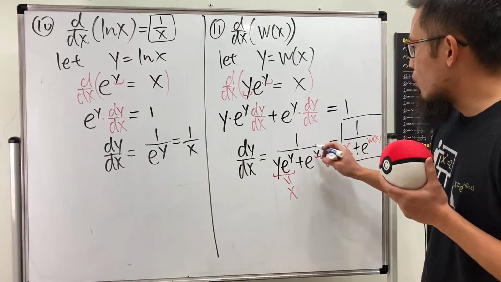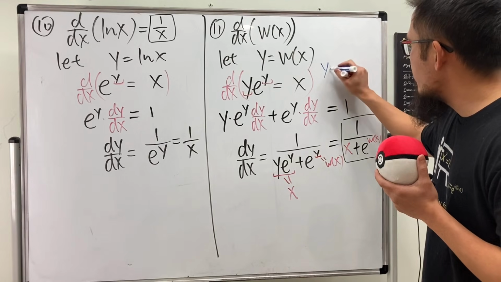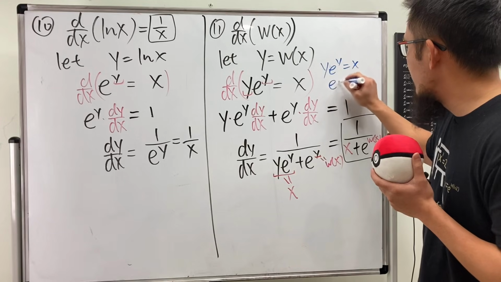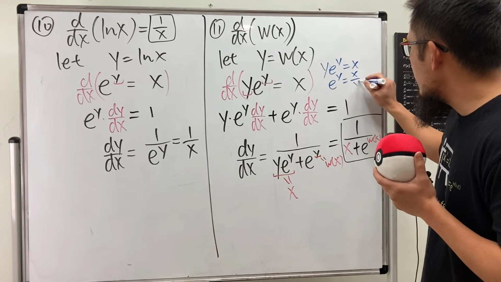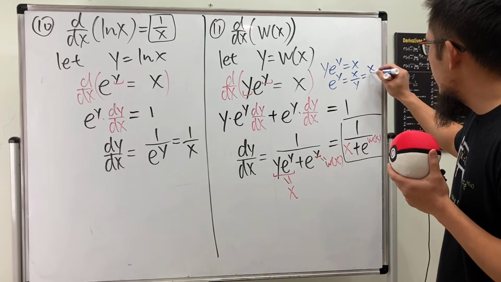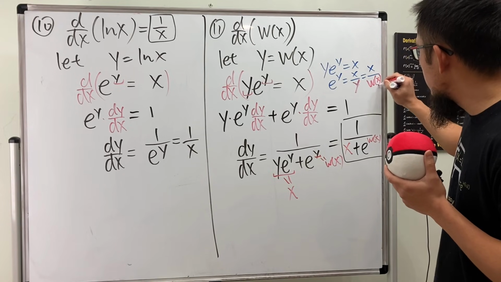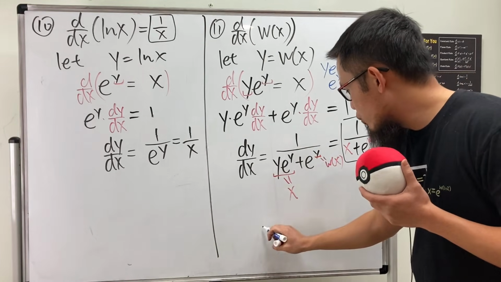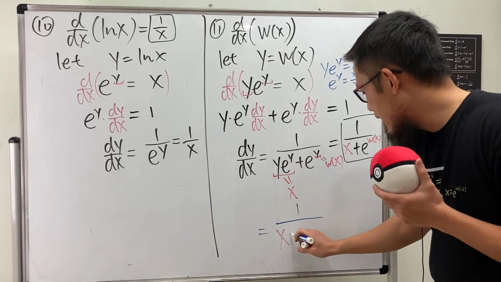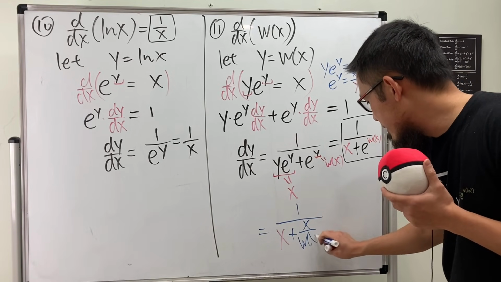If you look at e to the y and refer to here, we know y e to the y is equal to x. So we can divide by y on both sides. We have e to the y is equal to x over y, but y is equal to what? y is equal to w of x. So this is the same as x over w of x. So I can also write this down as 1 over x right here, and then plus x over w of x.